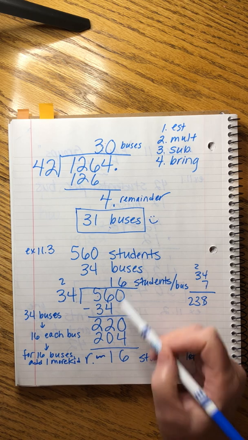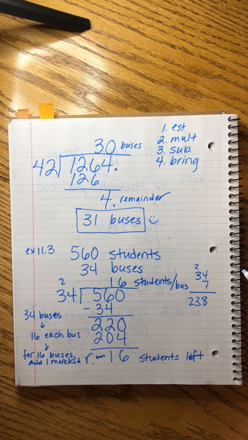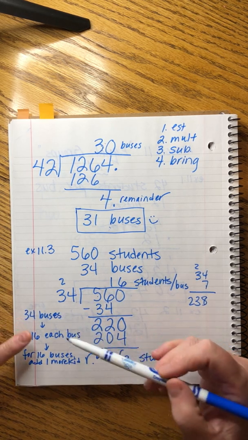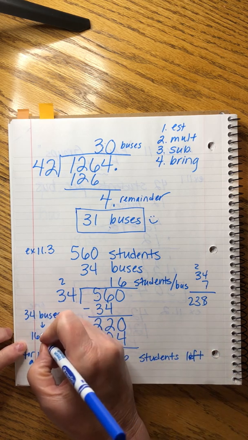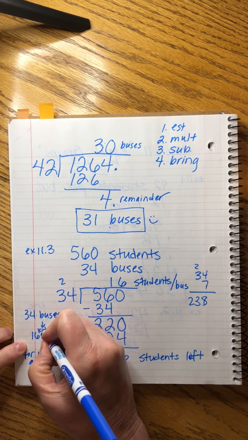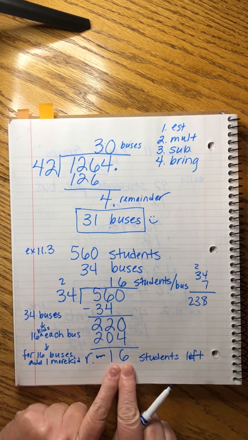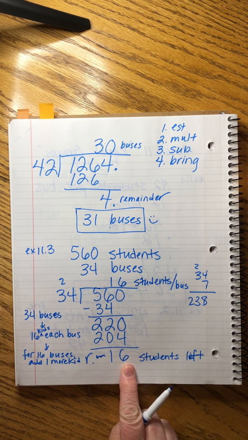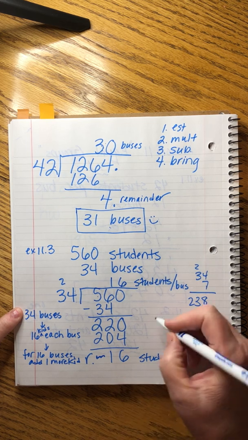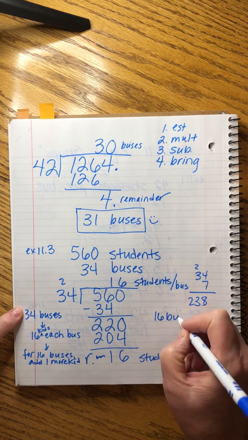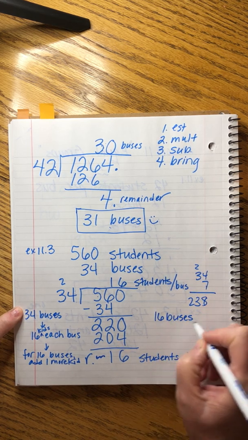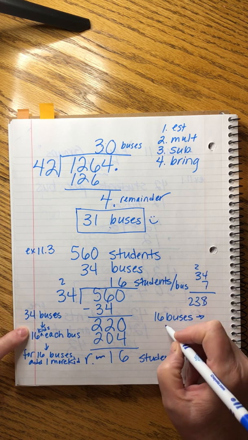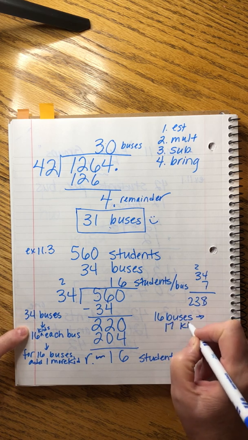All right, the fact that these two numbers are the same makes it very confusing, but just imagine we have 34 buses, we put 16 kids on each bus, then we take these leftover 16 kids and we just send one to each bus. So 16 buses will have 17 kids, right?